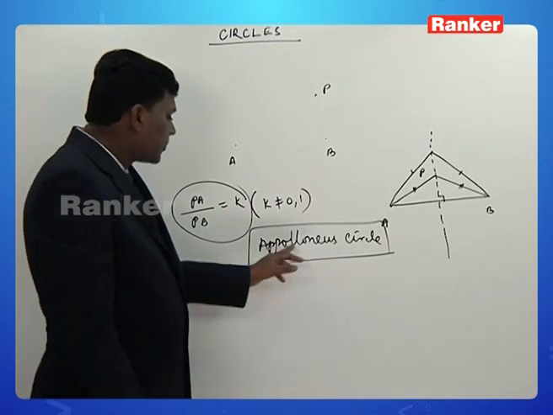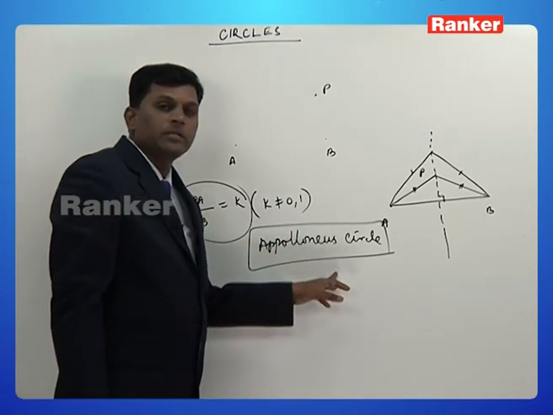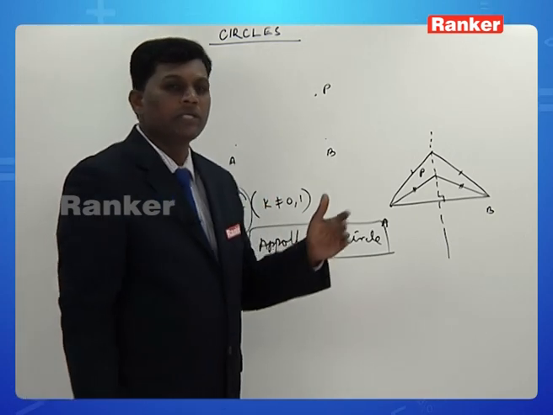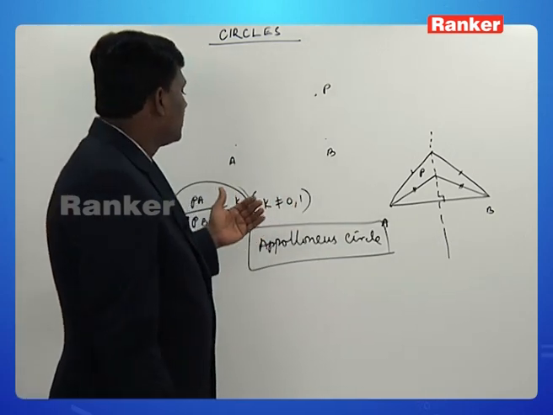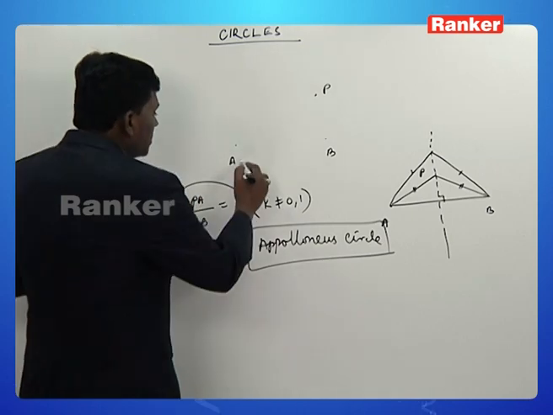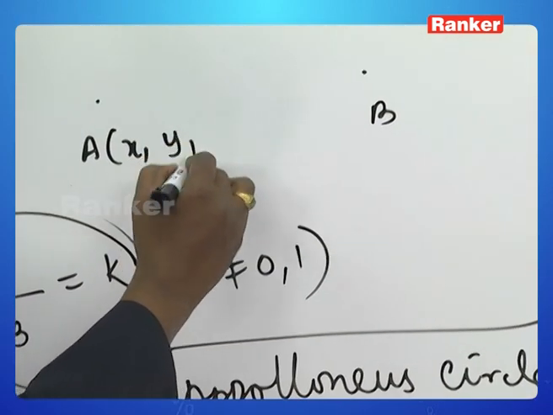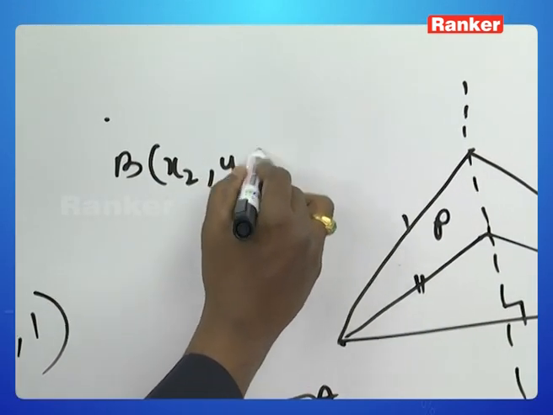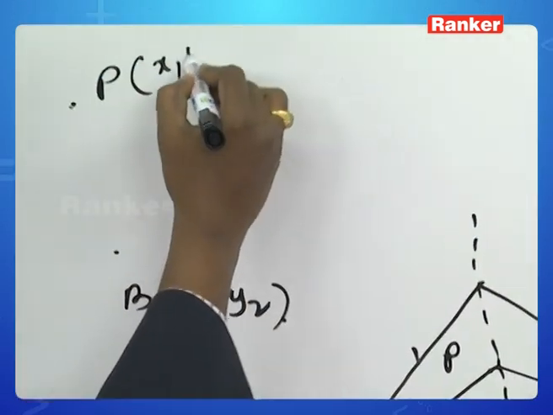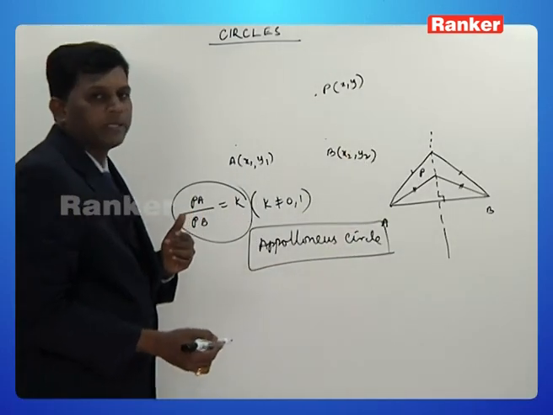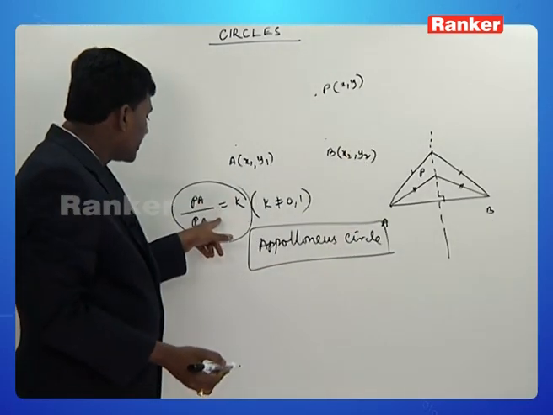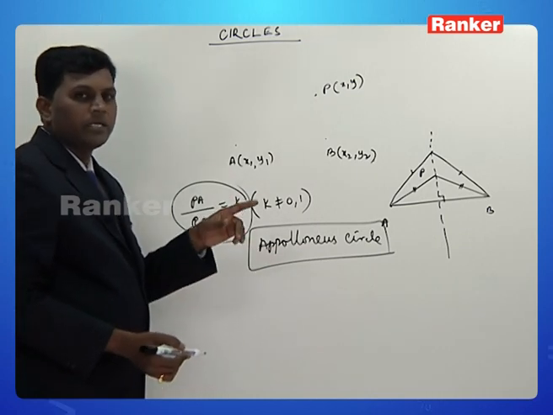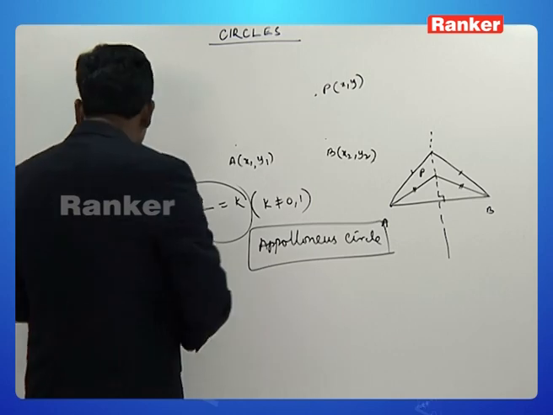To analyze this Apollonius circle in detail, we can take the help of the previous general form of the circle. Here, let us imagine these 2 points A as x1 comma y1, B as x2 comma y2, and P is taken as some general point x comma y. Now apply this condition PA by PB equals k. Let us see how this equation converts.